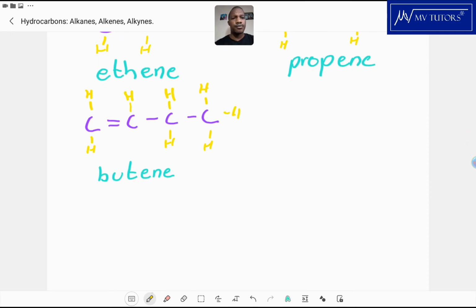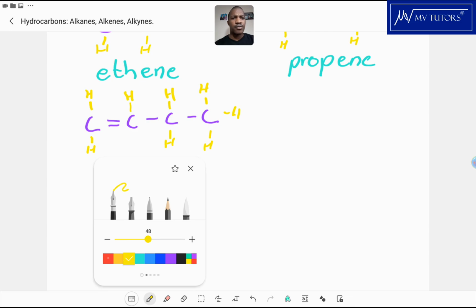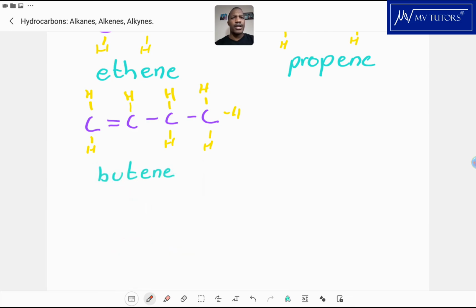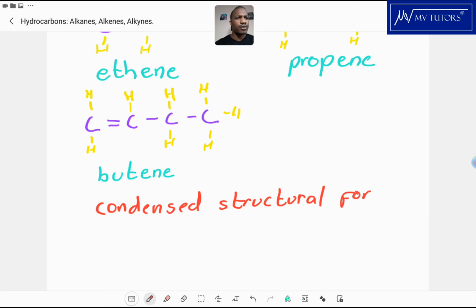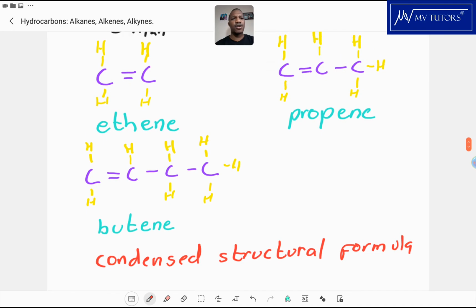Now that we're done with those, we need to put the condensed structural formula. You need to be careful what the question wants, whether it wants a structural or a condensed structural formula. You do them differently. For the condensed structural formula, start from the first one on the left.